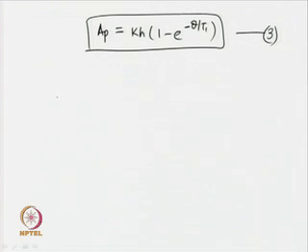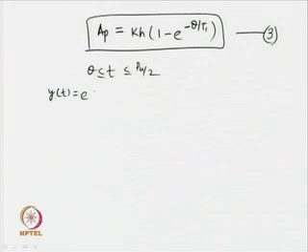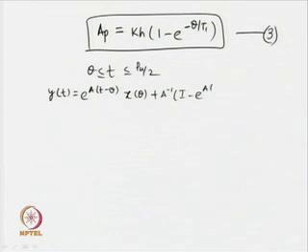Let us carry on with the analysis for the other part of the output for the time range t between theta to pu by 2. We know that the output for that is given as y t is equal to e to the power a t minus theta x theta plus a inverse I minus e to the power a t minus theta b h.